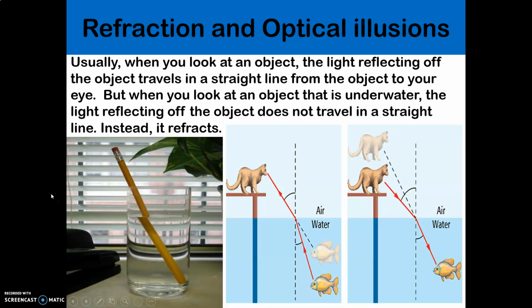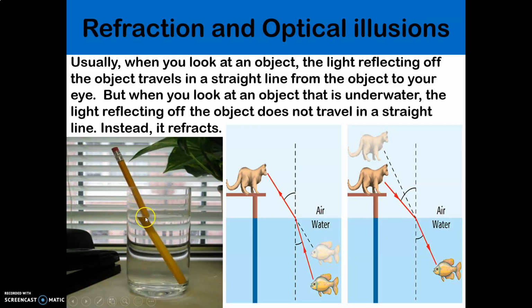Now, refraction can do all kinds of crazy stuff, cause optical illusions. This is probably one of the easiest things you can do at home, and I would encourage you to do it. Take a clear glass, put some water in there, put a pencil in there, and look at it. What's happening here?